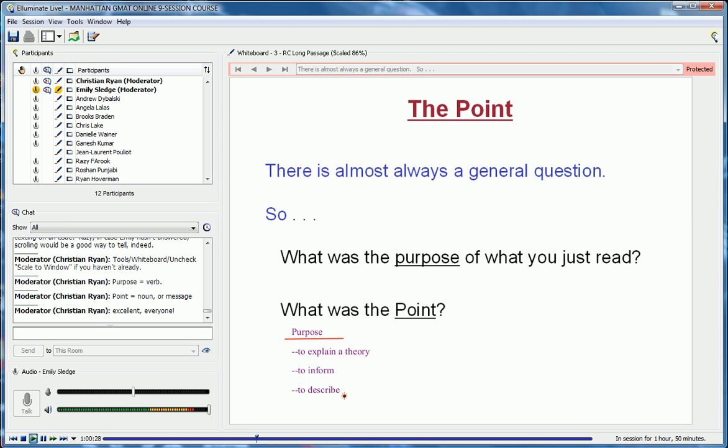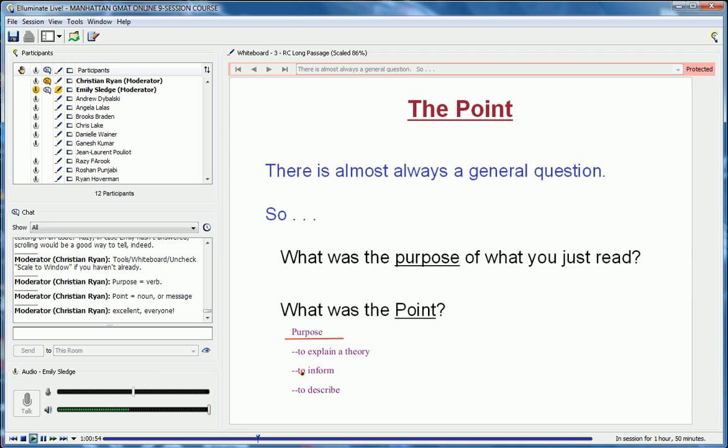And what you'll note a lot of the time is that the purpose is rather neutral. It's highly uncommon to see a purpose that is to argue for a certain theory or to defend a certain point of view. It's a little bit more neutral. He's just telling us about the theory and not really advocating one way or the other.